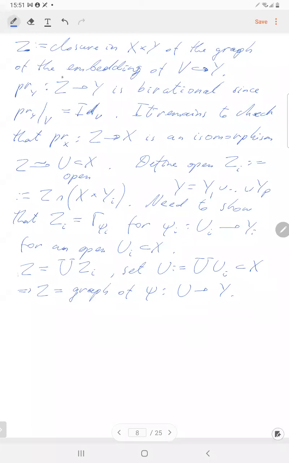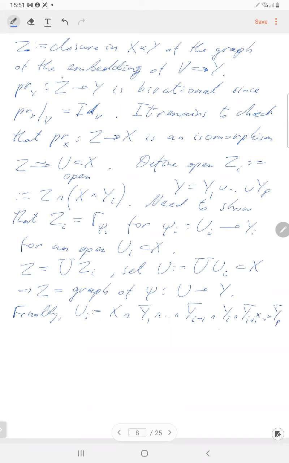So we only have to define locally those U_i's, and finally U_i is by definition the intersection of X with the product Y1 bar and so on, Y_{i-1} bar, and then here you don't take closure, Y_i, and then again Y_{i+1} bar times so on times Yp bar.